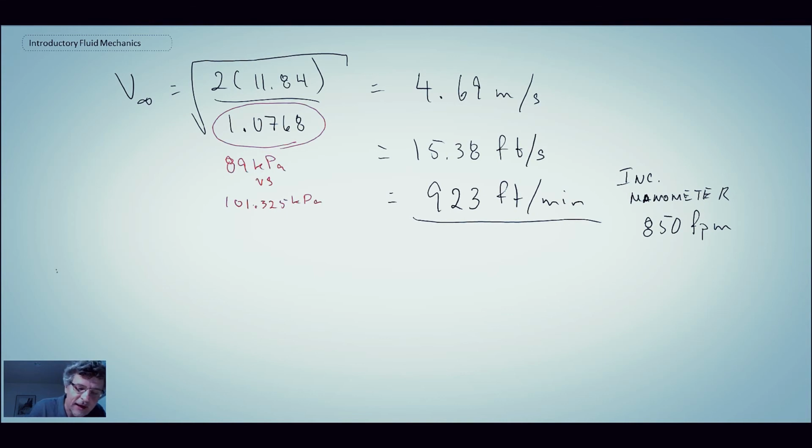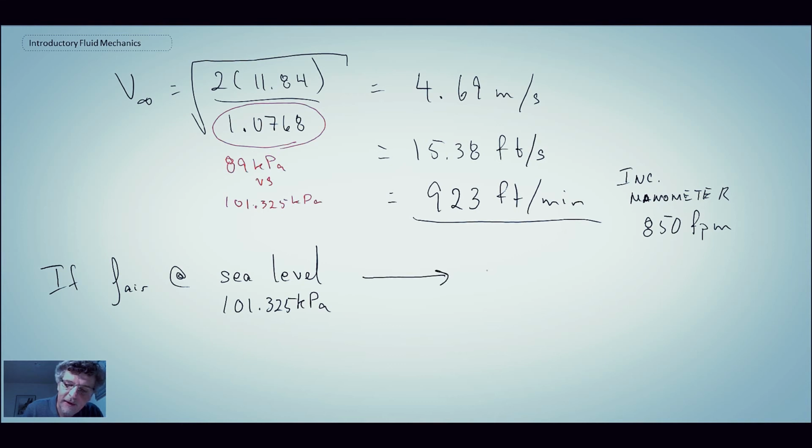But if density of air was evaluated at sea level, where the pressure would be 101.325 kPa, we would then come up with a velocity using Bernoulli's equation and this pitot tube equation of 865 feet per minute, which you can see is quite a bit closer to the one that I read off of the manometer from the video.